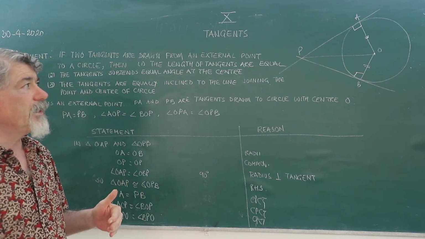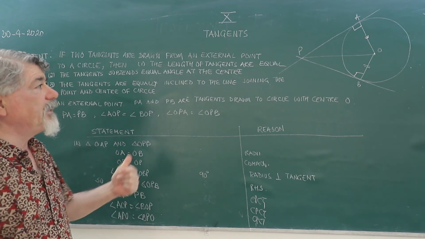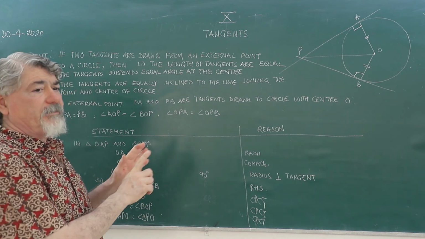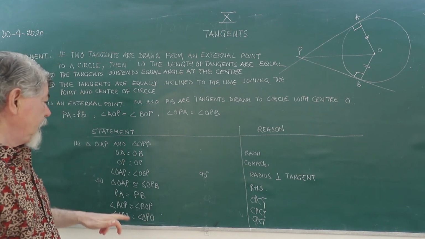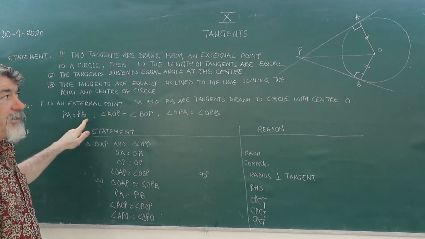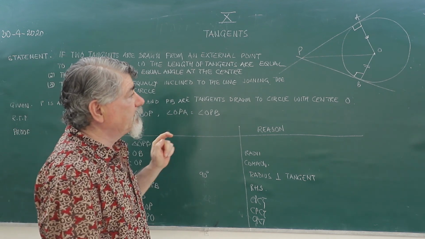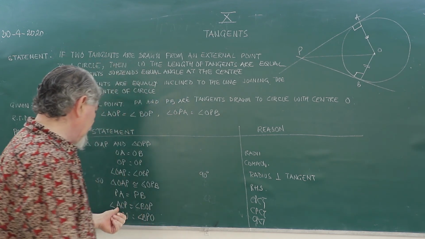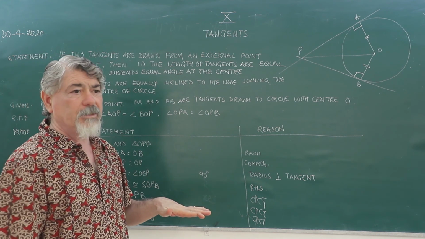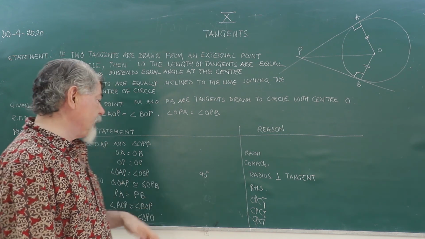Now when these two triangles are equal in each and every respect, we will say PA is equal to PB, CPCT. That is the first point we had to prove. Now I will say that angle AOP is equal to angle BOP, again CPCT, corresponding parts of congruent triangles.